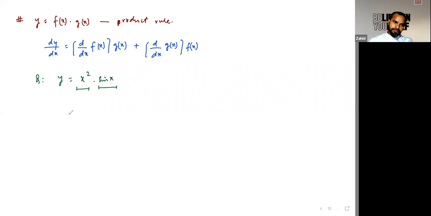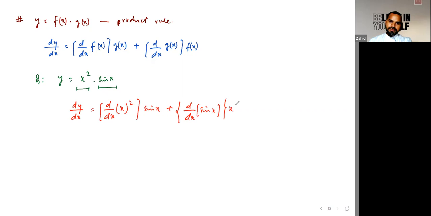So according to this product rule, dy/dx will be the differentiation of the first term, that is x squared, multiplied by sine x, plus the differentiation of the second term, that is sine x, multiplied by the first, that is x squared. Now differentiate this, multiplied by this part. Differentiate this, multiplied by this part. You will get your answer. Try to solve, everyone.